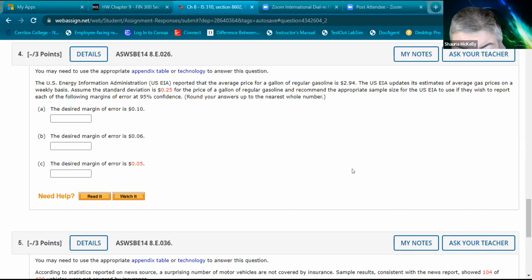That's my E. And my N I don't have, because I'm looking for N. And it says if they wish to report each of the following at 95% confidence, so your confidence level is 0.95.